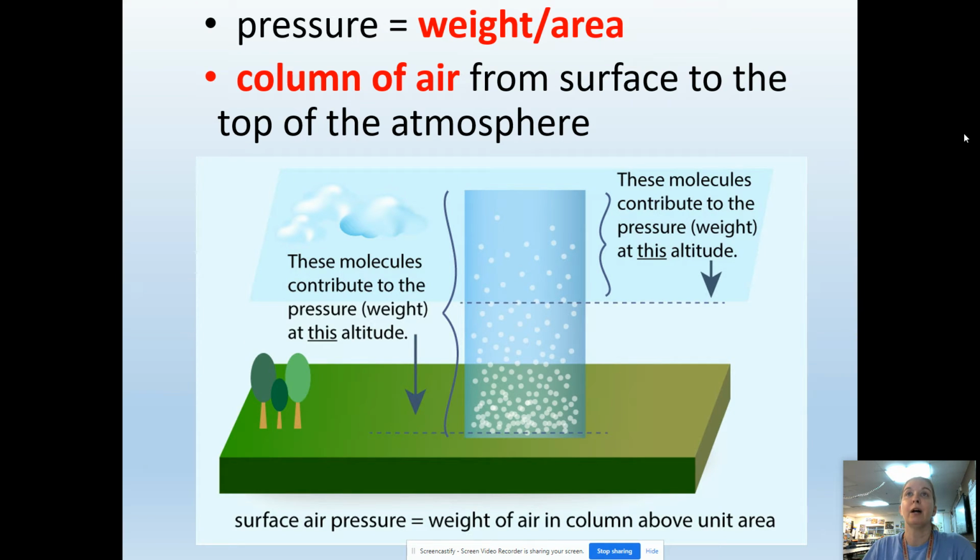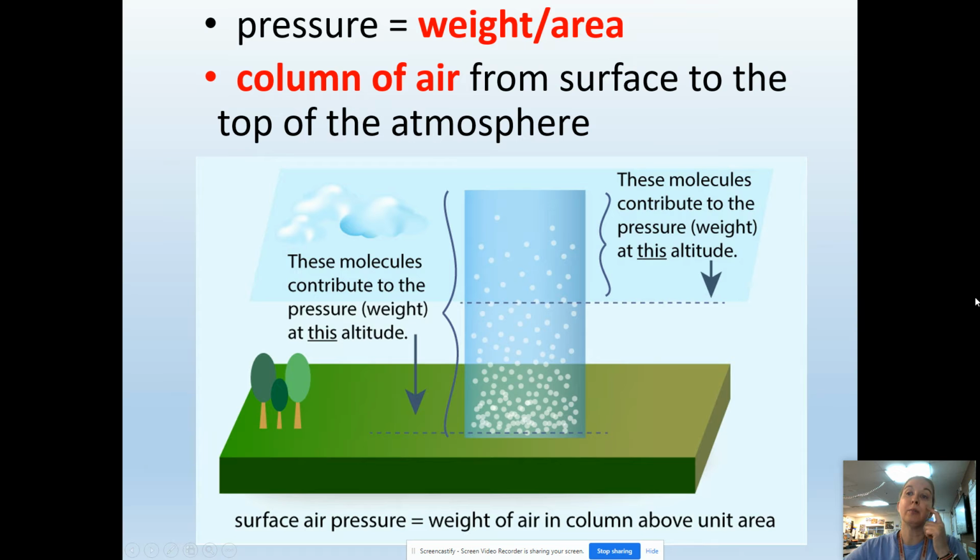If you think of a column of air from the surface to the top of the atmosphere, that is one area that you're looking at. All of the molecules contribute to the pressure or weight at this altitude, and then only these would contribute to the weight at a higher altitude.